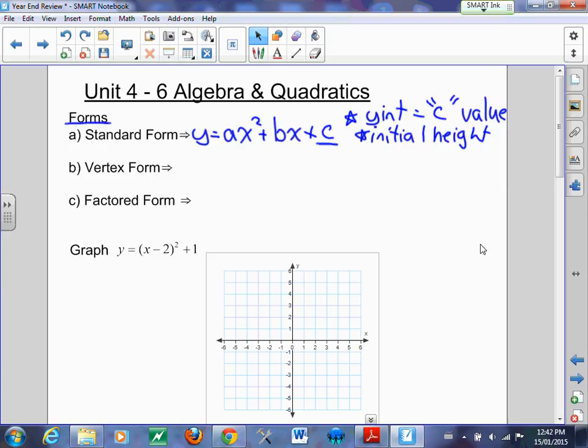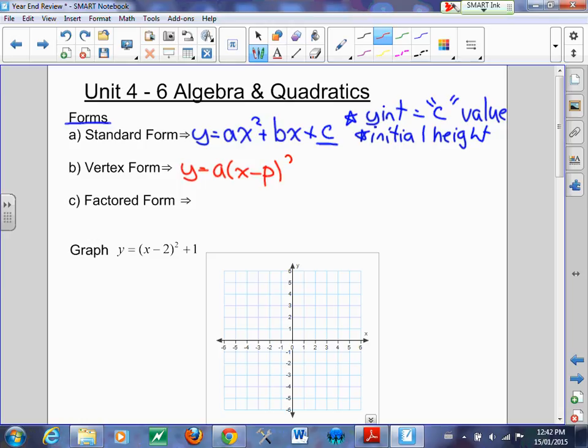Next, we're going to take a look at the vertex form, ladies and gentlemen. We spent a lot of time with the vertex form. And it's y equals a bracket x minus p squared plus q. And this gives us the vertex, which is p and q. And when we're taking a look at this, remember, the p equals the axis of symmetry.